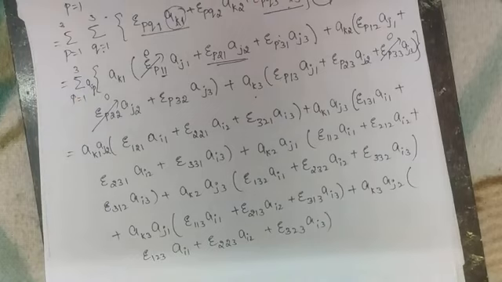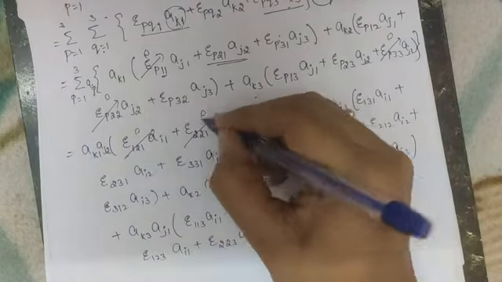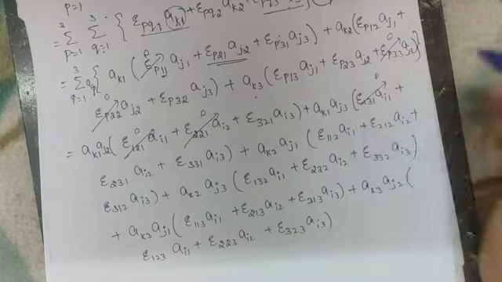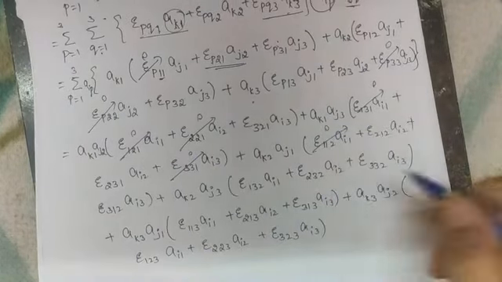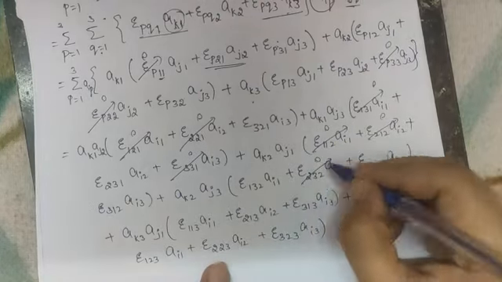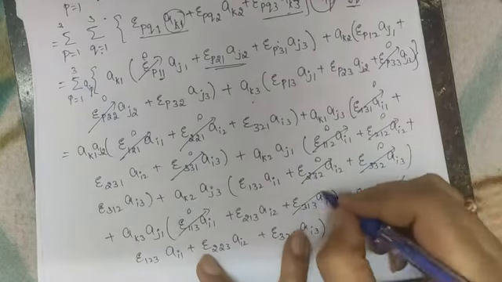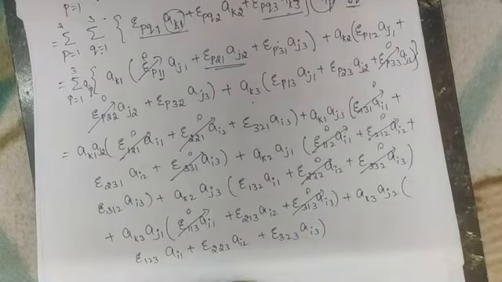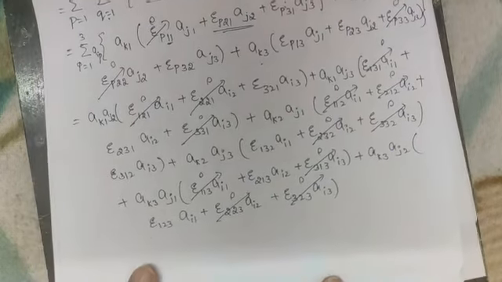Right? So now again use the permutation symbol, or epsilon ijk symbol, definition. So this will become 0, this will become 0, and likewise the repeated-index terms are all 0. Right?